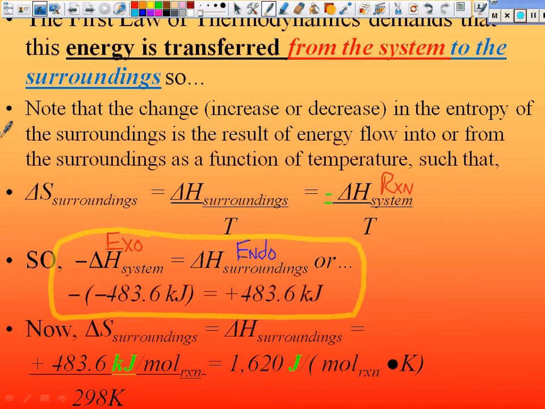We've got a negative exothermic, but it's equal but opposite. So then once we have the delta H of the surroundings, we can solve for delta S, which is exactly what we just did. This is the exact same formula you guys just used, delta H over T, which gives you that number right there.